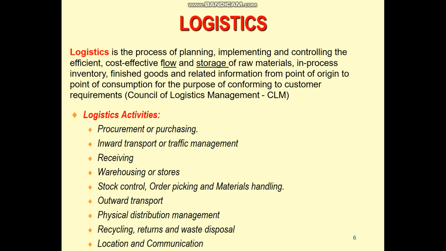Let me remind you again, logistics is just an element of supply chain. And logistics is the process of planning, implementing, and controlling the efficient and effective flow and storage of raw material, in-process inventory, finished goods, and related information from point of origin to point of consumption for the purpose of conforming to customer requirements.